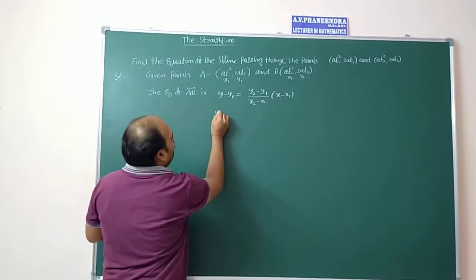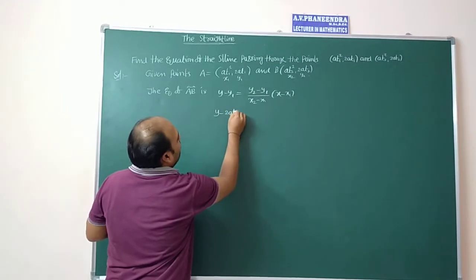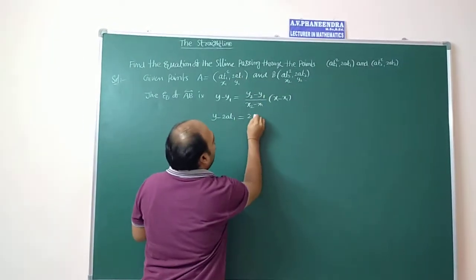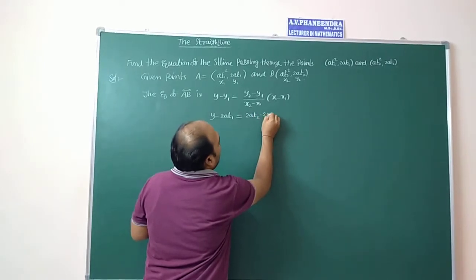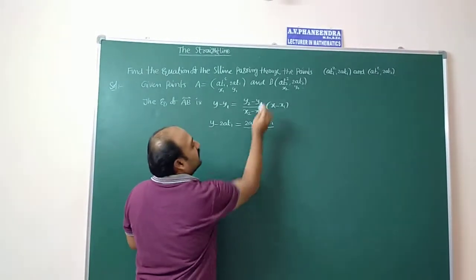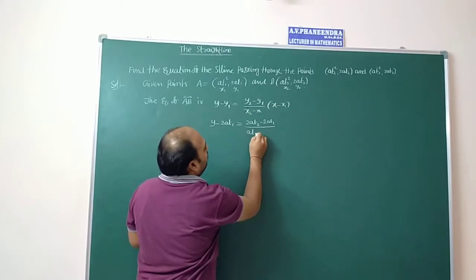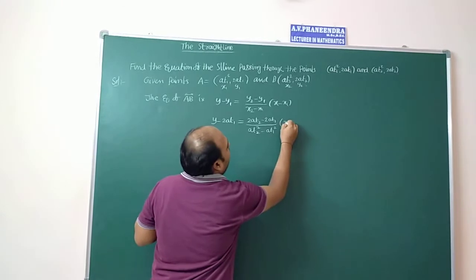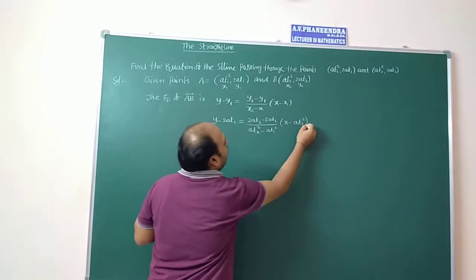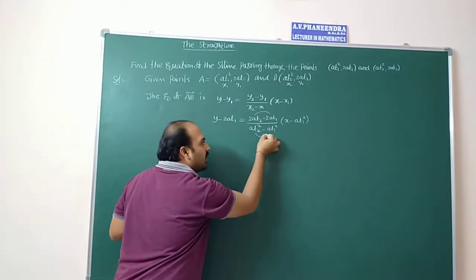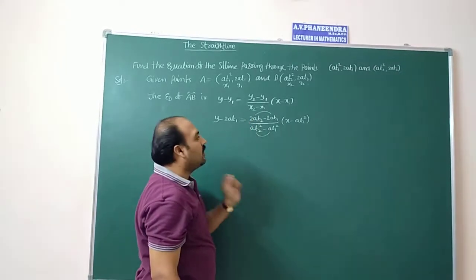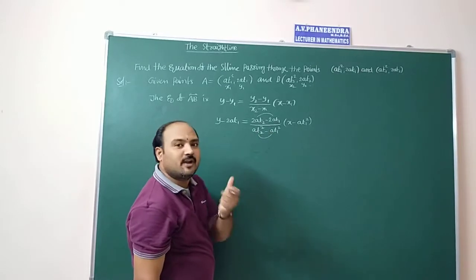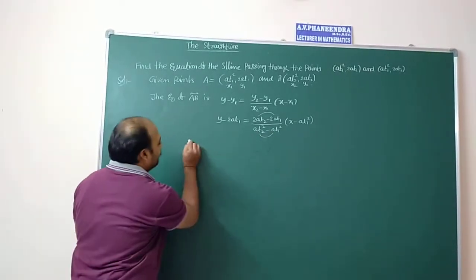Substitute the respective values. Y minus 2at1 is equal to (2at2 minus 2at1) divided by (at2² minus at1²) into (x minus at1²). From the numerator take 2a common, from the denominator take a common, and t2² minus t1² can be written as (t2 minus t1) into (t1 plus t2).